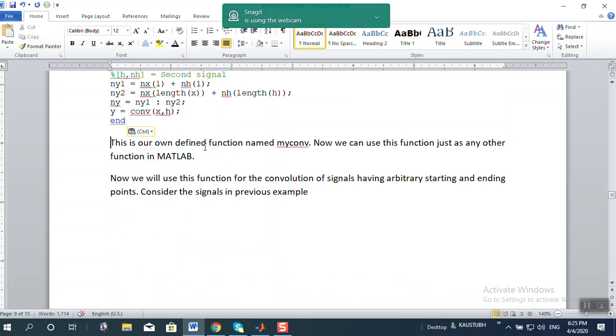This is our own defined function named myconv. Now we can use this function.